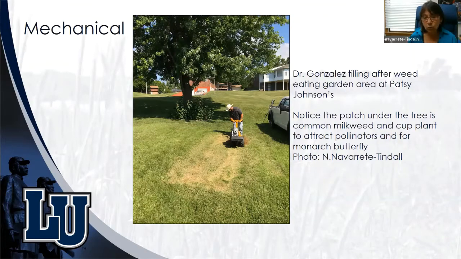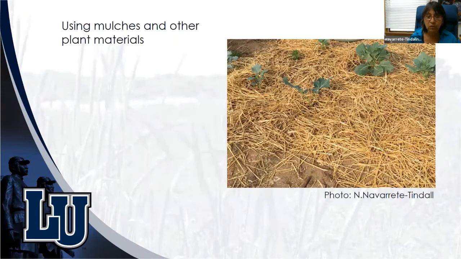First he would weed eat the area, and then use a tiller. If you notice in the patch under the tree is a common milkweed and also a cup plant. Common milkweed is for the monarch butterfly, and cup plant produces edible leaves in the spring. And it's good for pollinators.